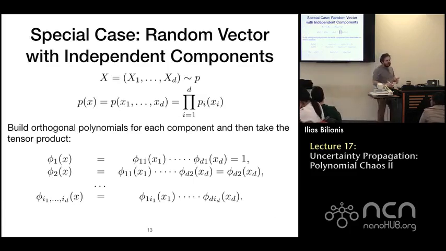And you could construct these polynomials using the Gram-Schmidt orthogonalization procedure if you have a set of linearly independent polynomials, but in practice it is next to impossible to do that.